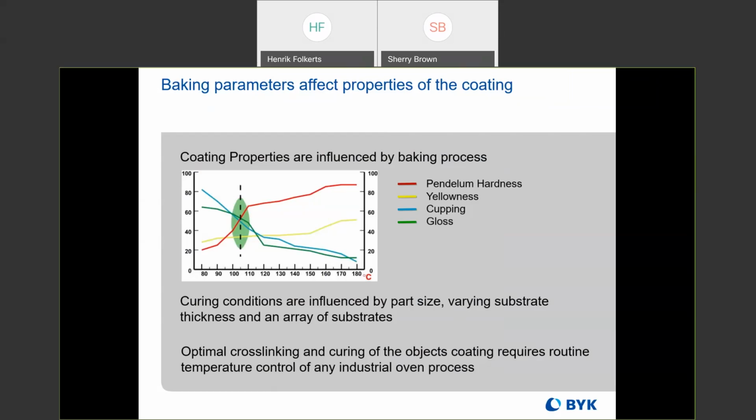But we can also see that the longer this coating is baked, the yellowness is increasing, so it may be off color if baked too long. The cupping test is going to get worse results the longer you bake it. So cupping, real quick, is just a test where you take a flat panel, a coated, usually metal panel, and you bend it around like a spherical form, just to test how well the coating stands up to deformation and whether it cracks and flakes and things like that.